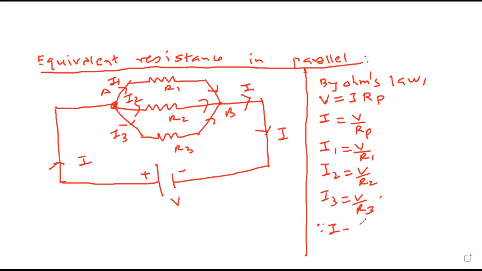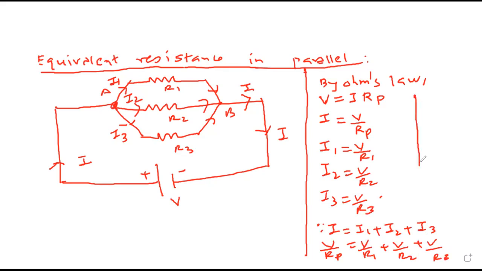Since current I is I1 plus I2 plus I3, so V upon Rp is V upon R1 plus V upon R2 plus V upon R3. So V common on right hand side, 1 upon R1 plus 1 upon R2 plus 1 upon R3. V can cancel. So 1 upon Rp equals 1 upon R1 plus 1 upon R2 plus 1 upon R3.